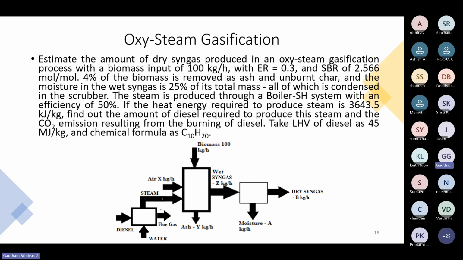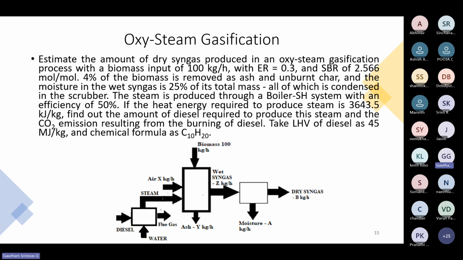If we have air as the oxidizer, we will have producer gas, which is high in nitrogen. In this case, we have syngas, which is high in hydrogen. Now you have some ash and unburnt char that comes out from the bottom.